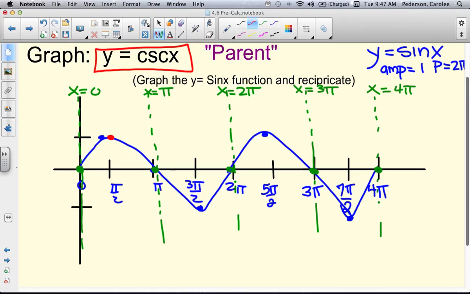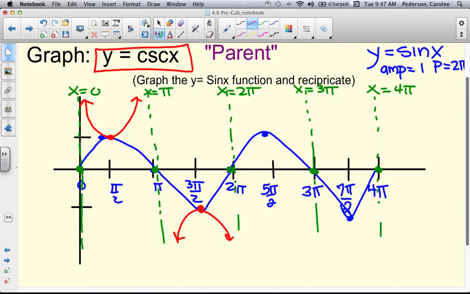What you do is you go to the top of the hill, and you're going to inverse it or reciprocate it. So you're going to go in the opposite direction, and you're going to create these, what I call parabolas. So there's the first piece of our cosecant function. And we just continue between each of the asymptotes, and we just make these parabolas in the opposite direction from the hill. So here's the bottom of the hill, go the opposite direction.